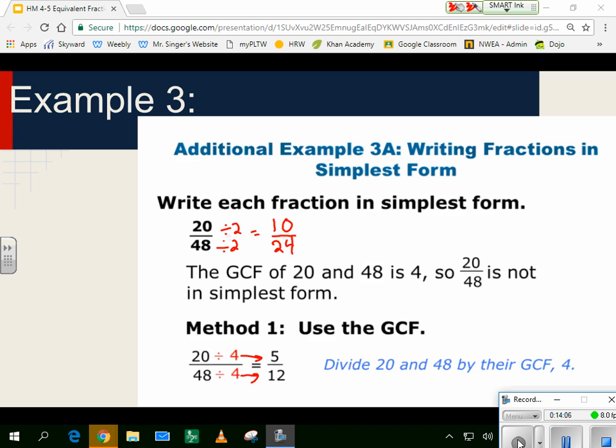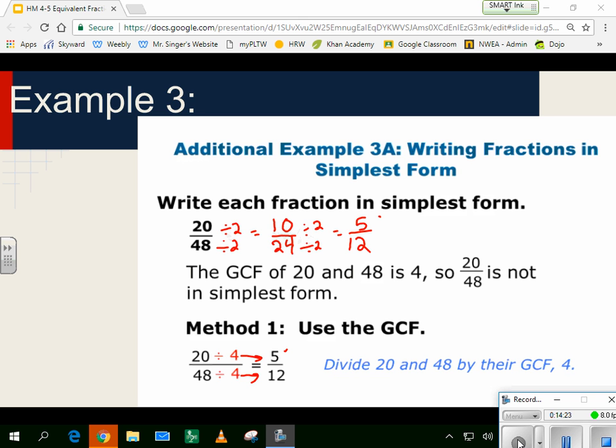And then you'll look at it again and go, oh, they're both even again. I could divide both by 2 again. 10 divided by 2 is 5, and half of 24 is 12. Again, you get the same answer. It just takes you another step.